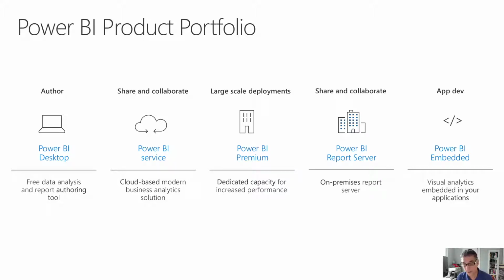that I'll talk about. Power BI Report Server is this on-premise report server. So if I want to publish my reports, but I'm not yet able to do that in the cloud, I can publish them on-prem. And then Power BI Embedded is a product that allows you to take the reporting engine of Power BI and put it within a web application.